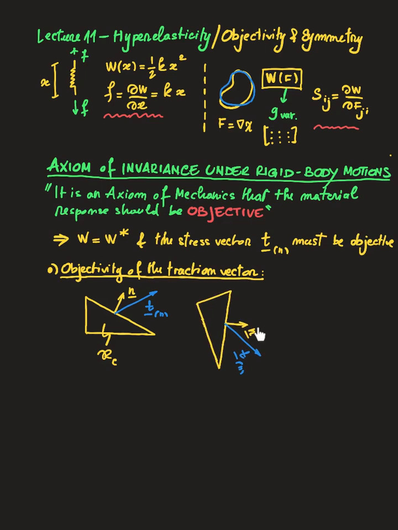Let me delete these letters here. You see what happens is that in this rotated configuration, the unit normal n was rotated to the unit normal n star, and the traction vector t of n was rotated to the traction vector t star of n star. I'm sorry if it is getting very small, but I think it's clear.